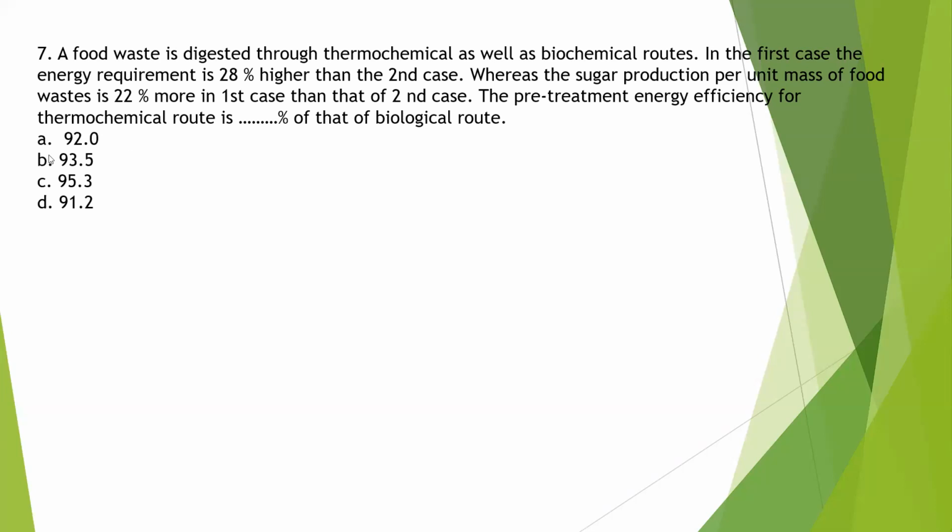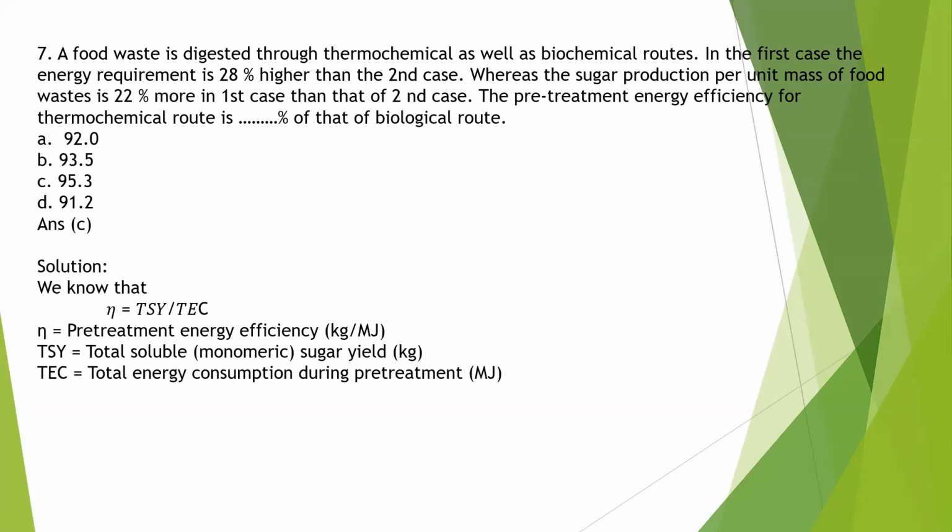So I got three answers as C, 95.3%. Let's see. As we know, the pre-treatment energy efficiency is given as the ratio of total soluble sugar yield to total energy consumption during pre-treatment.